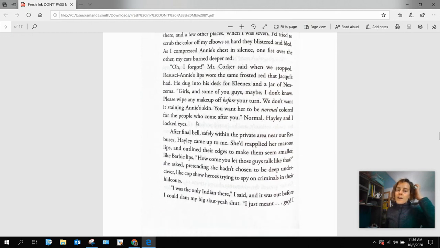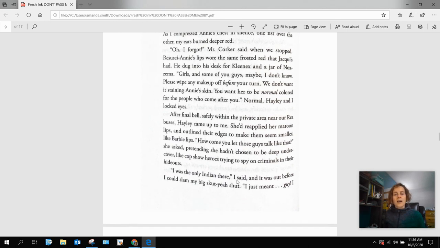Okay. After final bell, safely within the private area near our res buses, Haley came up to me. She had reapplied her maroon lips and outlined their edges to make them seem smaller, like Barbie lips. "How come you let those guys talk to you like that?" she asked, pretending she hadn't chosen to be deep undercover, like cop show heroes trying to spy on criminals in their hideouts.